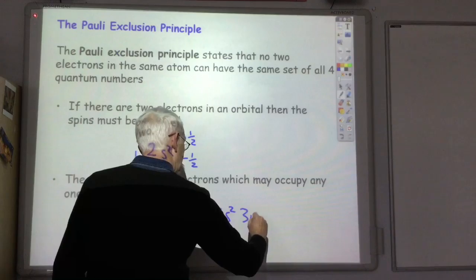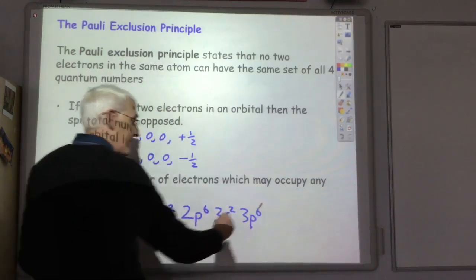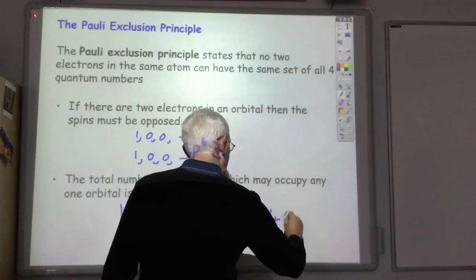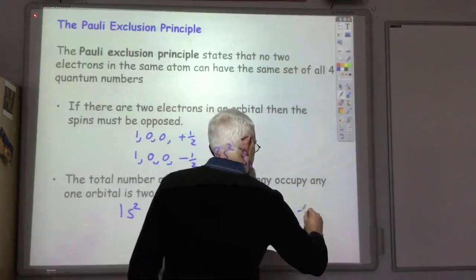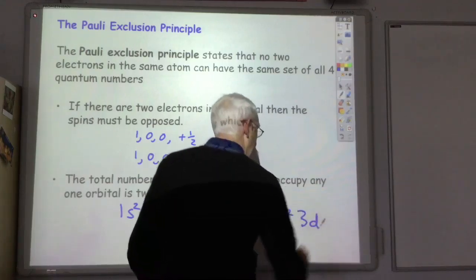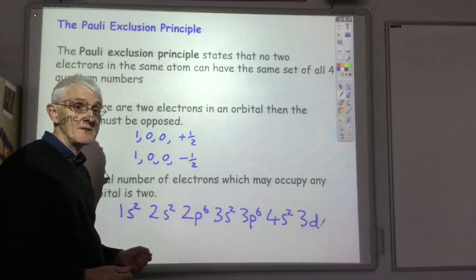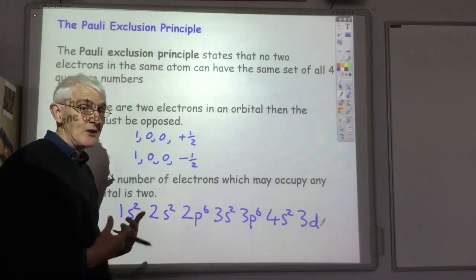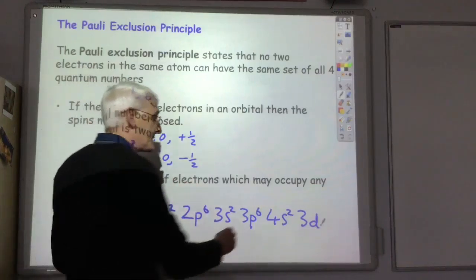Then the 3p orbital, which can take 6 electrons. Then they go into the 4s orbital, which can take 2 electrons. Then they go into the 3d orbital. And d orbitals have 5 different orbital shapes, each one allowed to take 2 electrons, so we get a total of 10 electrons in the d orbitals.